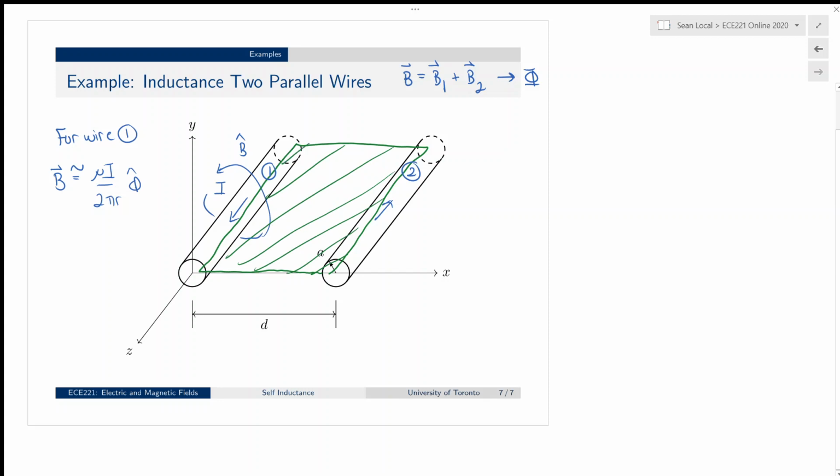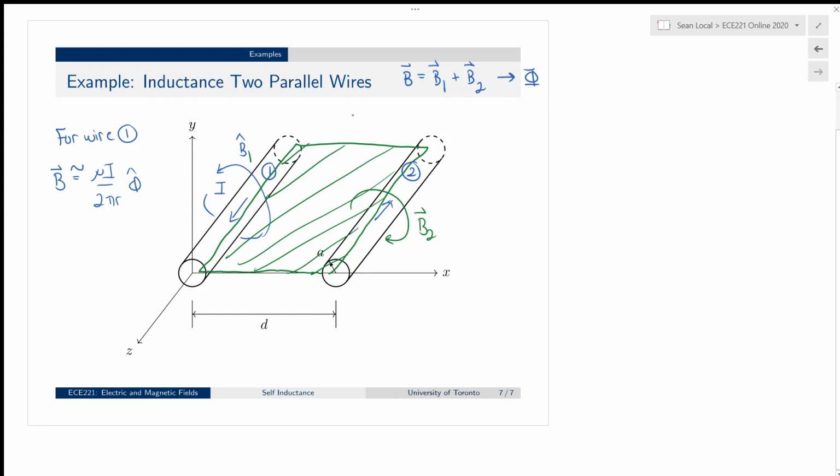And we can see that the B field produced by wire 1 is going to cut through that plane. And looking at wire 2, again using the right-hand rule, we're going to end up with a B field that circulates like this. This is B1 over here. And actually, for both wires, the magnetic flux density produced by both wires is upward through this green surface that we have sketched here.